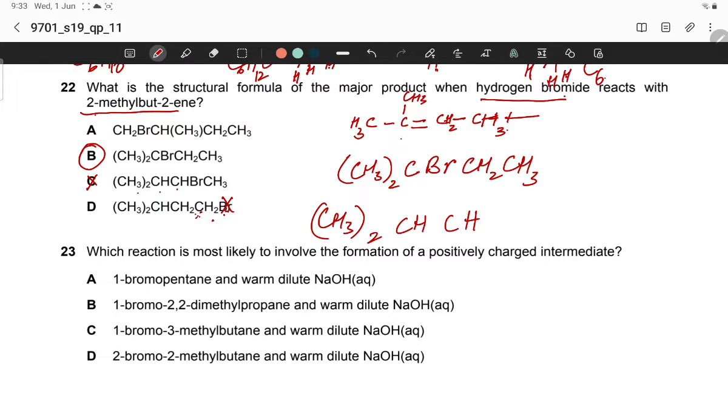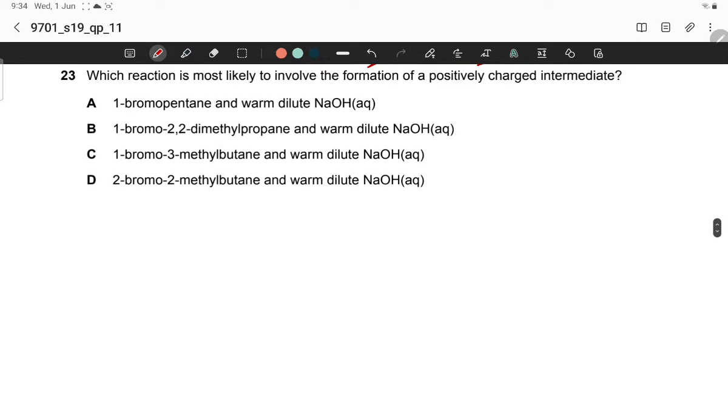CH2 and CH2Br. It is not the major product. It is the minor product. So this is not correct. B must be correct.